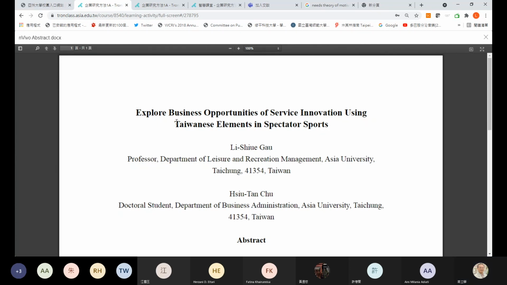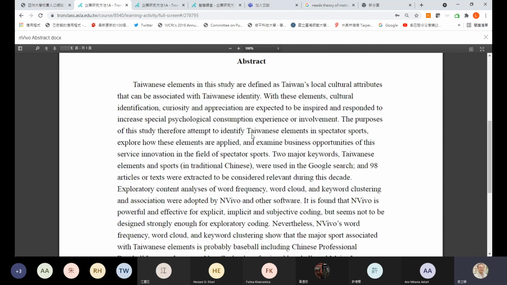However, how about business opportunities? Maybe I will try to explain another one first: the subjective coding and the text mining. These two are important concepts, but that's about research methods. So these two are not the major topics in this study for this study to examine.